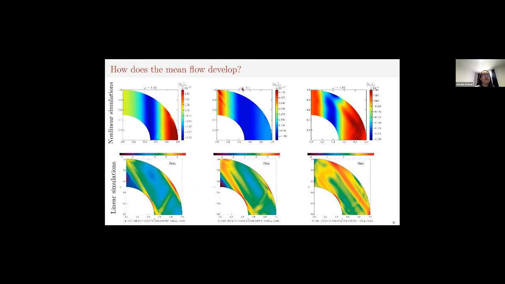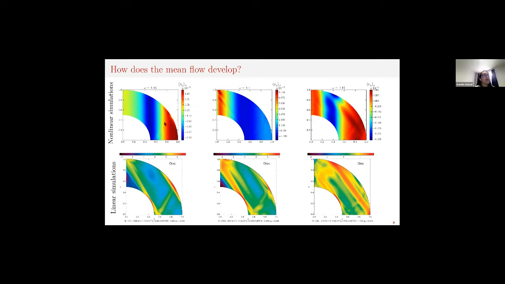So again, in the middle, you have the frequency 1.1. So the azimuthal velocity, azimuthally averaged. On top, the nonlinear simulation, and on the bottom, the linear simulation performed with a spectral code called LSB. And you have the dissipation in the linear simulation on the bottom. And you can see, for example, for 1.05, the dissipation is more important close to the equatorial plane.